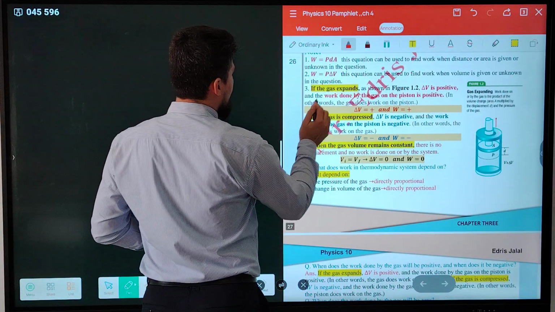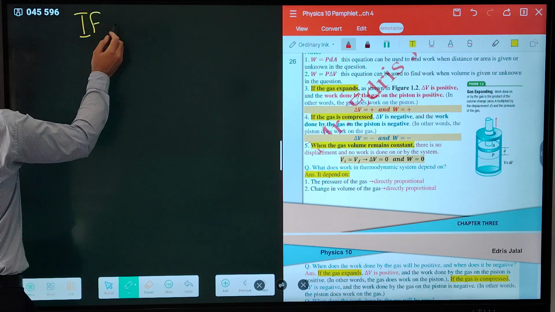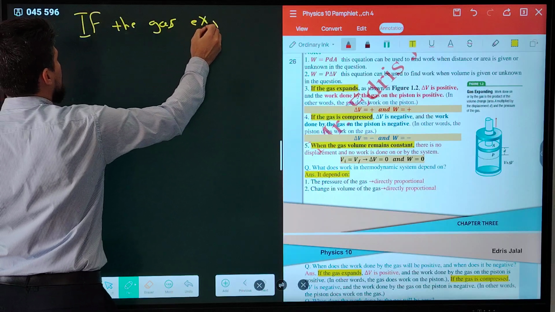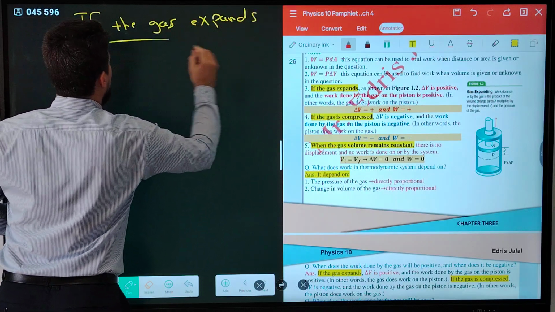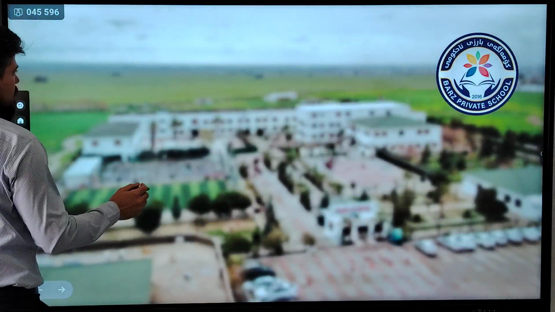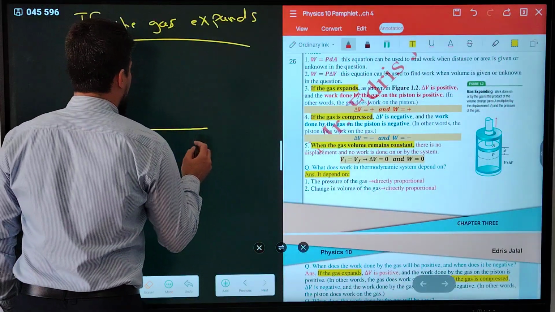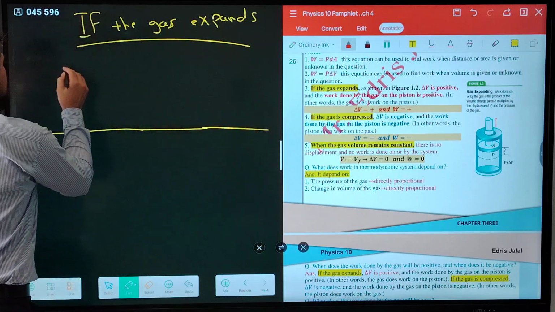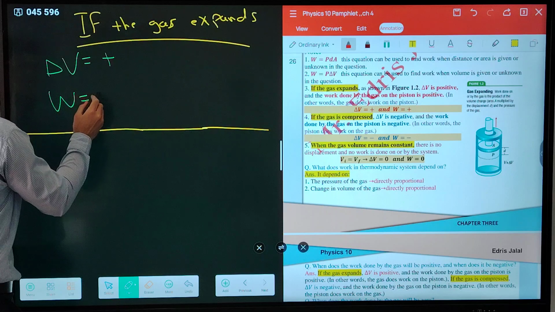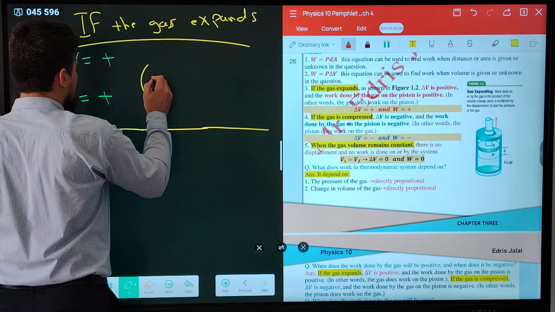P delta V is used when the volume is given. If the gas expands, delta V is going to be positive, and the work done is going to be positive, and the work is on the gas.